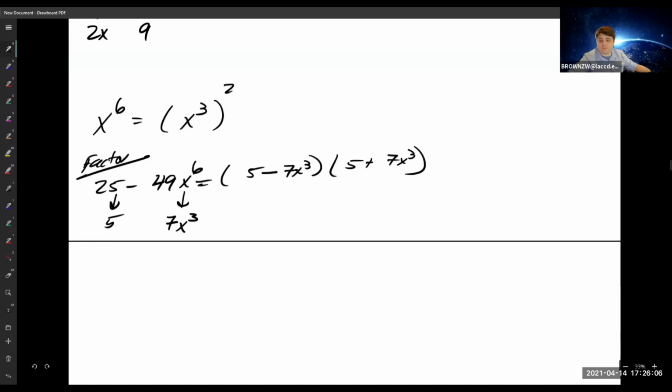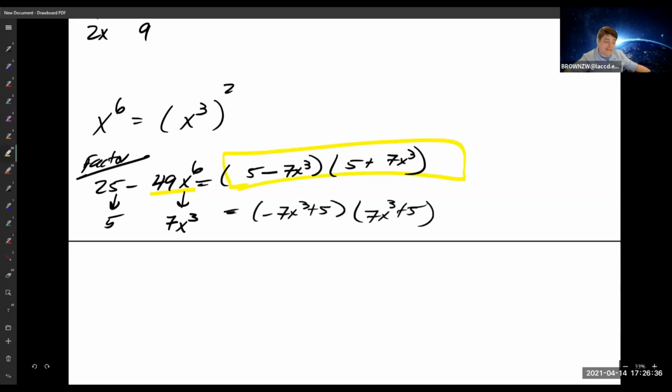And note, even though we normally like to put the variable in front, be careful here, since the x is in back, that means when I do the factoring, we have to keep that same order. You could reorganize this if you wanted to. You could rewrite this as negative 7x cubed plus 5 and 7x cubed plus 5 if you wanted to rewrite it in terms of highest power. But honestly, we're going to follow the factoring formula directly. That's what the answer is going to look like on a multiple choice test.